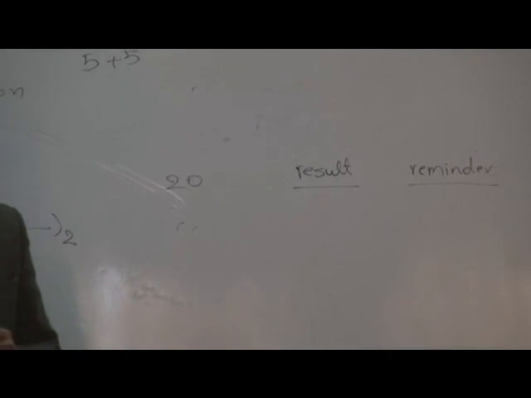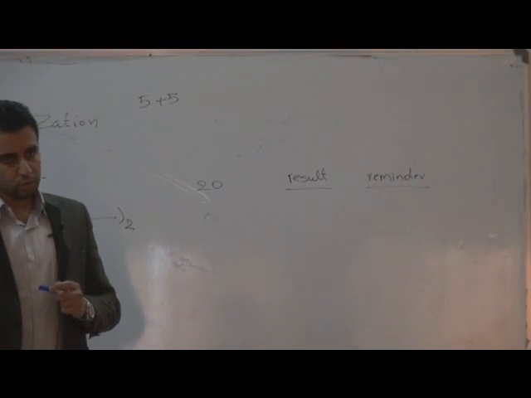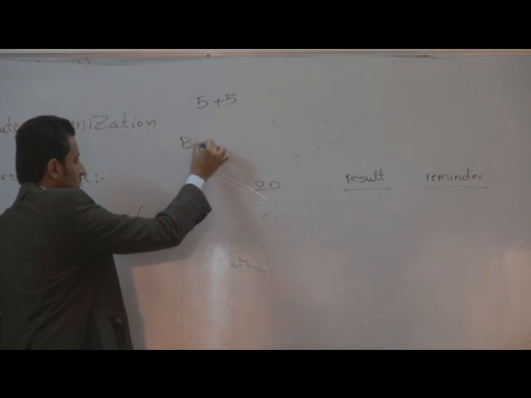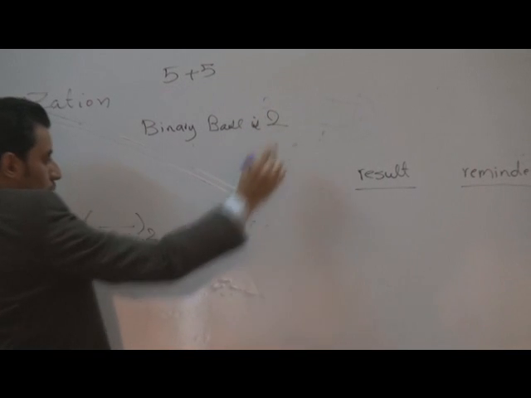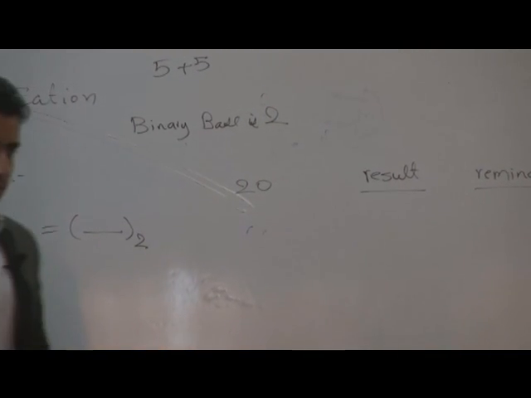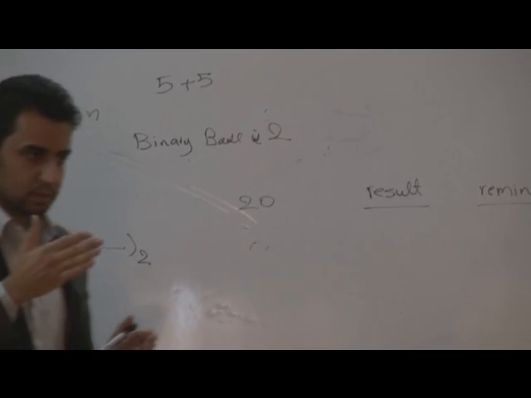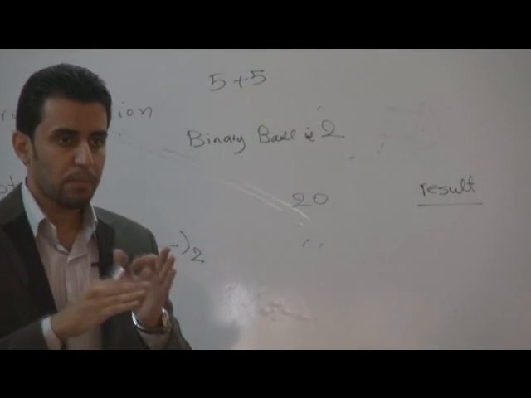First thing, what is the base of the binary system? The base is 2. When we say binary, the base is 2: 0 or 1. So the first thing we do is divide this number in decimal form by 2.